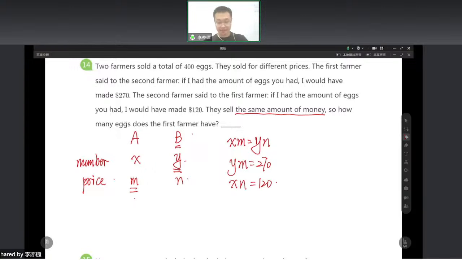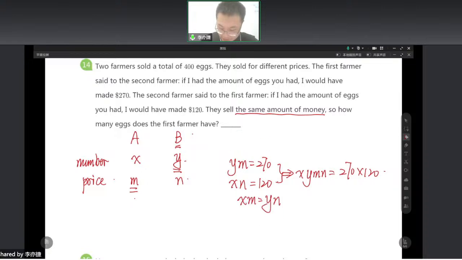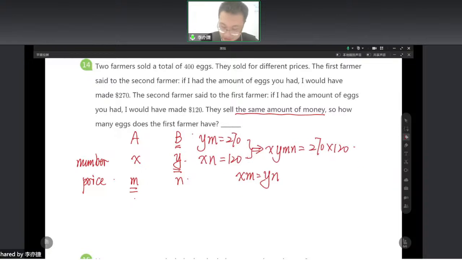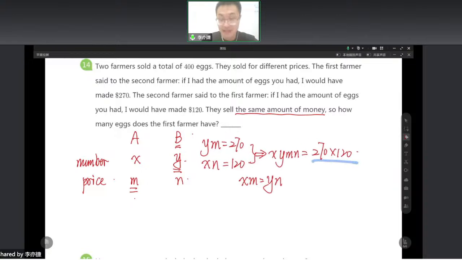So how do we get x and y? The first thing is, we just multiply these two together. Together this leads to xymn equal to 270 times 120. But we also know xm equals yn, so this one can be treated as (xm) squared or (yn) squared. Now we can just calculate this.